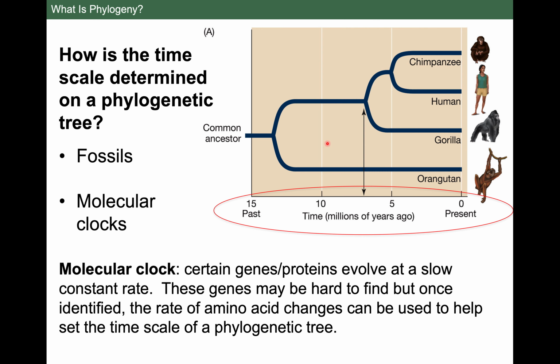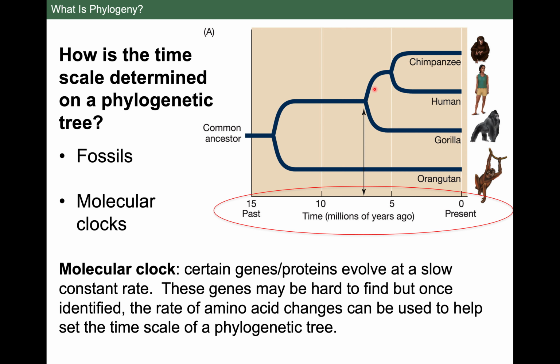And we can date fossils very accurately in most cases. So if we have fossils representing some of these sort of transitional species that may be present in this tree, this can give us a sense of time.